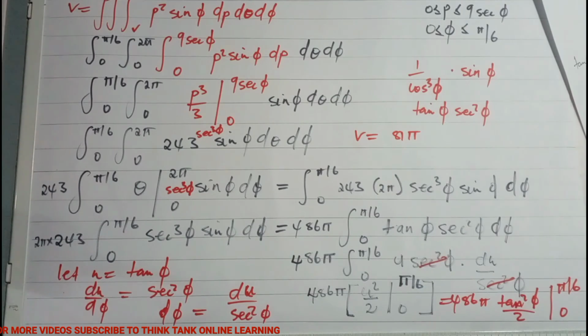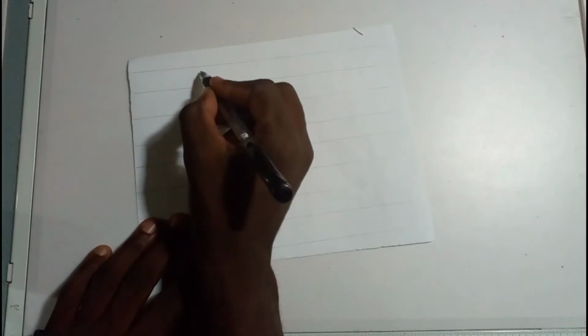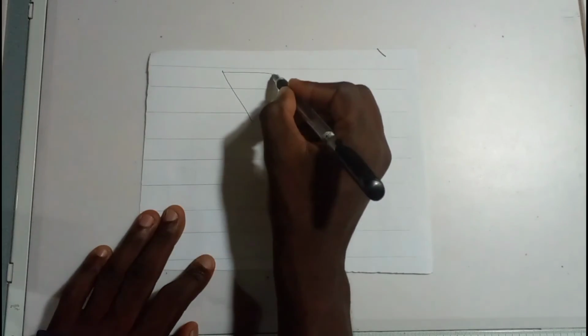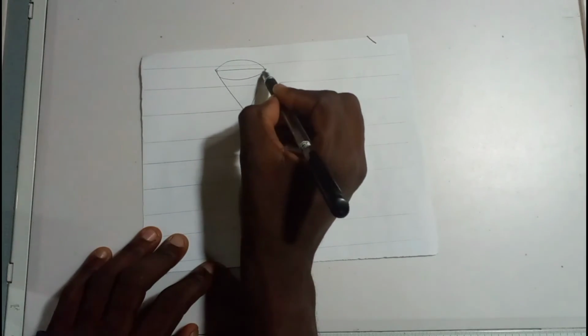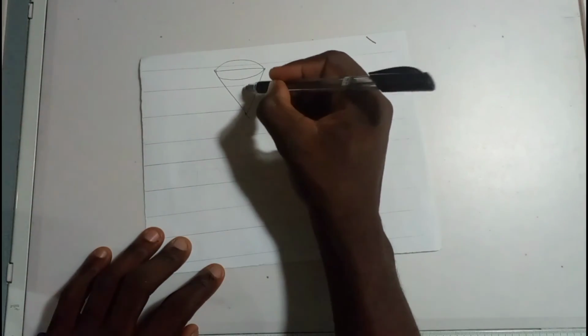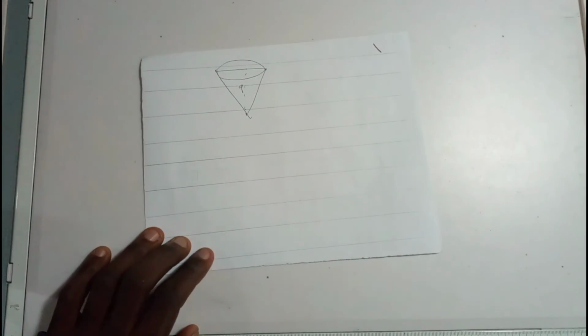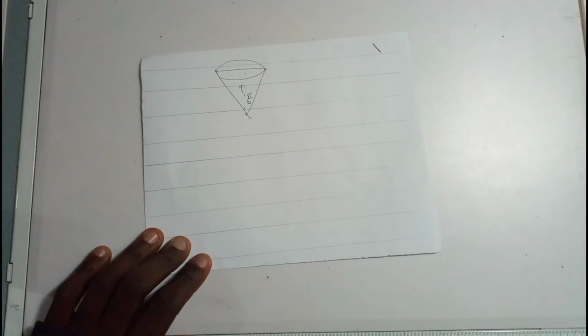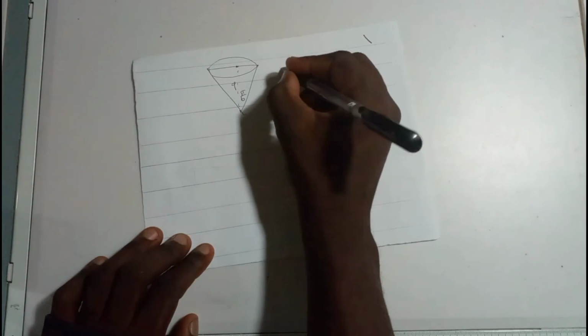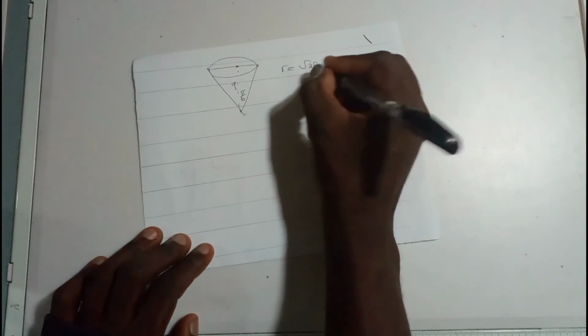Now we're going to the last method, the easiest method. This method is for when you're in a test and you're not sure. We have our cone, and you know z was 9, and phi is pi upon 6, and r, which you've calculated in the first place, was root 27.